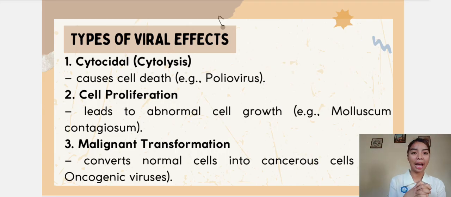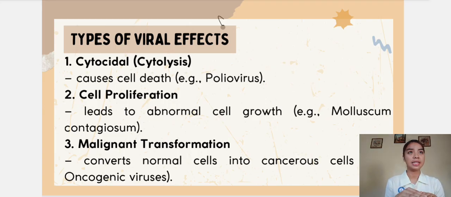Number 3, we have malignant transformation. This converts normal cells into cancerous cells. A given example is oncogenic viruses. Oncogenic viruses can transform normal cells into cancerous cells.